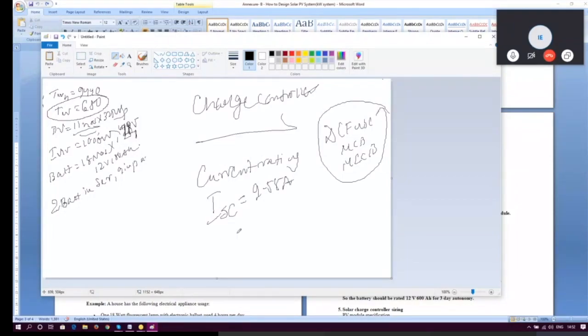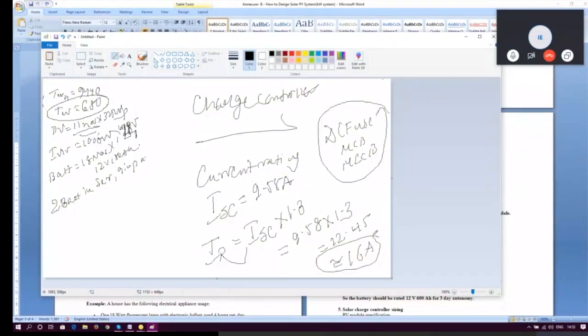For finding the current rating IR, we take 30% over, so 1.3 times the ISC from the data sheet. 9.58 multiplied by 1.3 gives 12.45. Above 12, we have only a 16 amp fuse or MCB. So 16 amp would be the current rating of the charge controller.